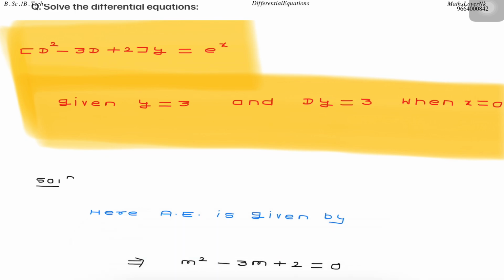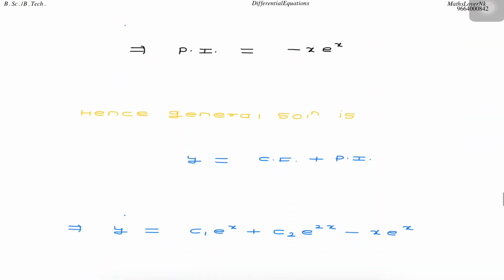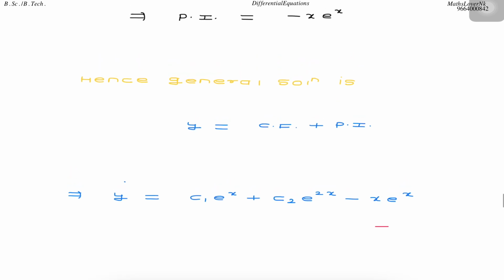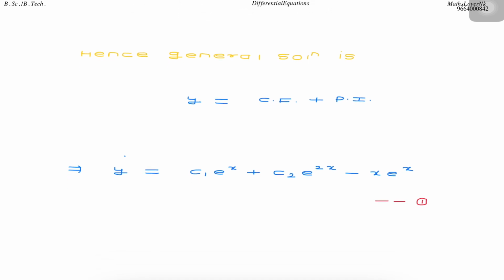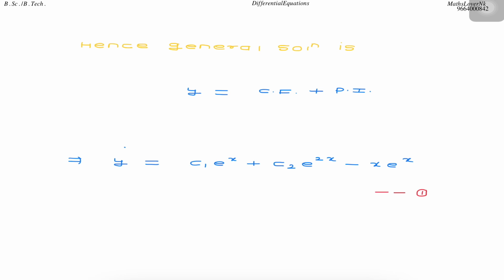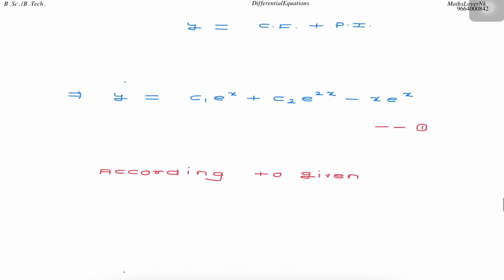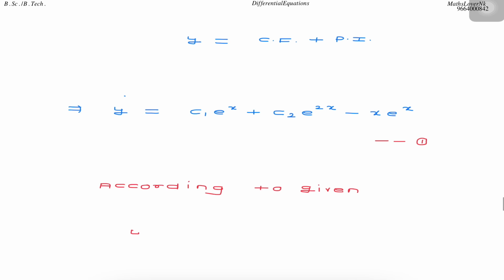According to given, y is equal to 3 when x is equal to 0. So it becomes y is equal to 3 when x is equal to 0.